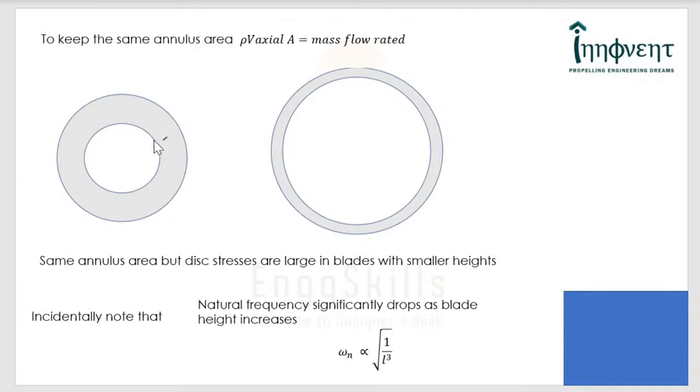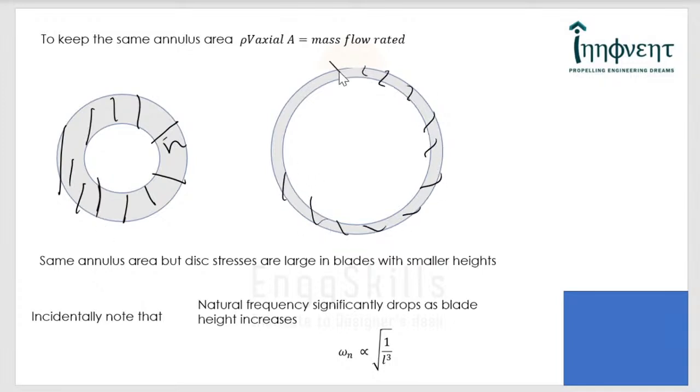Now, for example, if the blade, let's say, is this tall, let's say h, and in order to have the same annulus area, you can see here, if I hatch this particular annular area, and compare that with this annular area, it is the same, right? Now I want to reduce the blade height by keeping the same annulus area, because I have to keep the same axial velocity, because for a given mass flow rate, the axial velocity can be kept constant if the area is maintained, right?